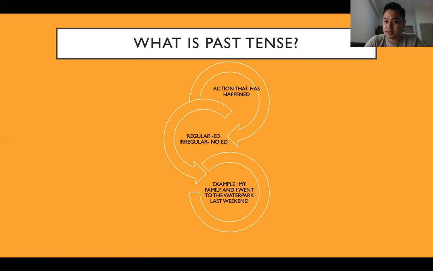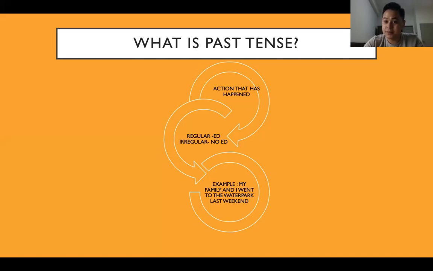What is past tense? Past tense is an action that has happened. For the regular verb, it ends with -ed. For the irregular verb, it doesn't end with -ed. So there are two types of verbs: irregular verb and regular verb.